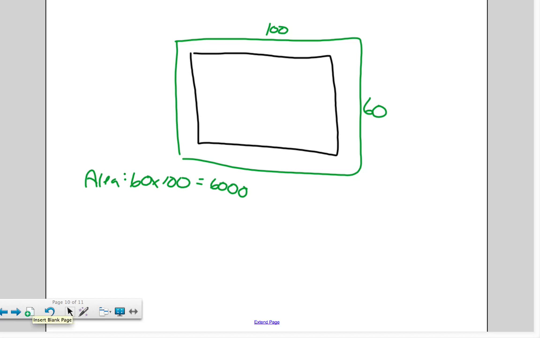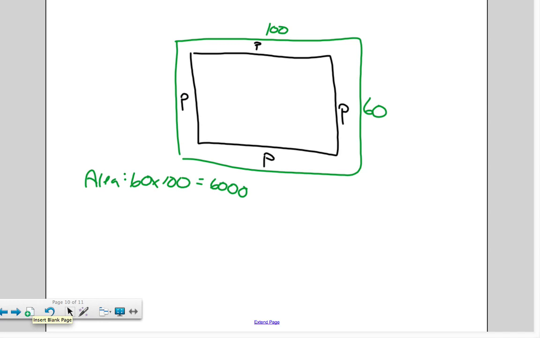For the smaller rectangle here, what's the width of our path? What variable do we assign? P. So this is P, this is P, this is P, and that's P. We have a path all the way around with the same width.